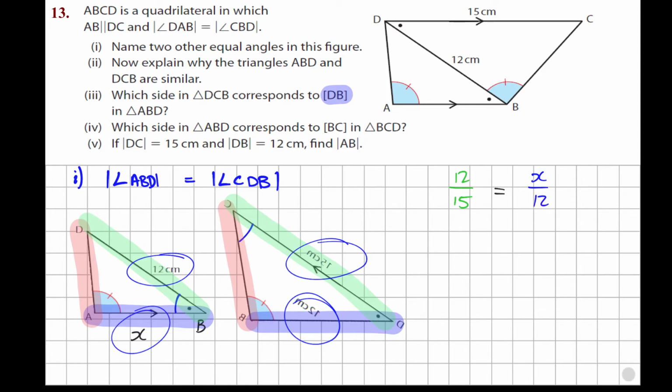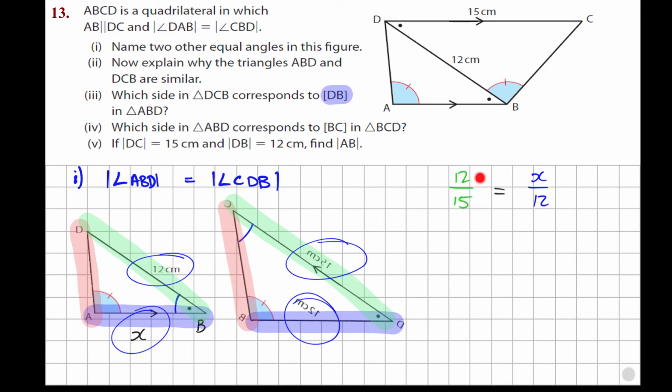And it's very important that we make sure we're getting this right. So we do 12 over 15. So we're taking the numerator from the first one over the denominator of the second one is equal to the numerator over the first one over the denominator of the second one.